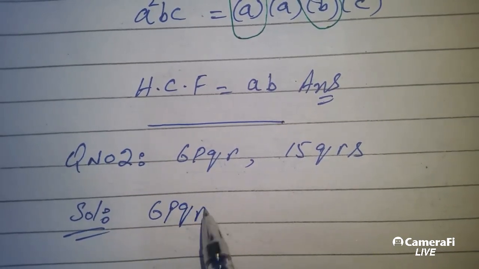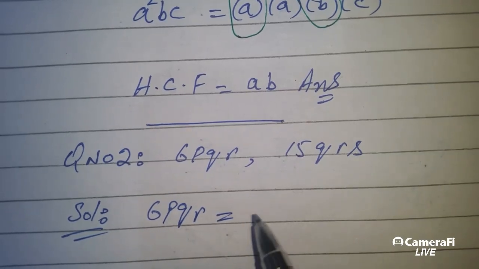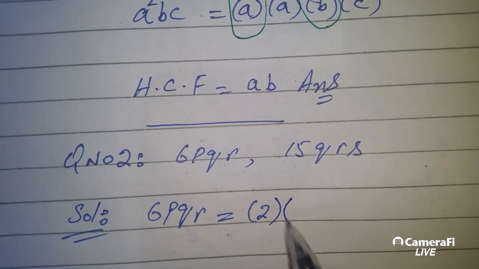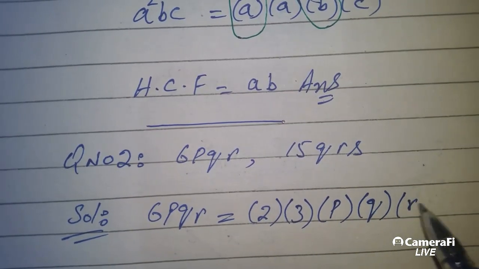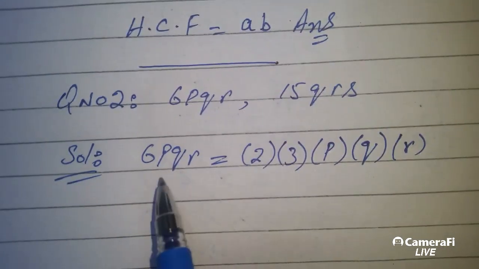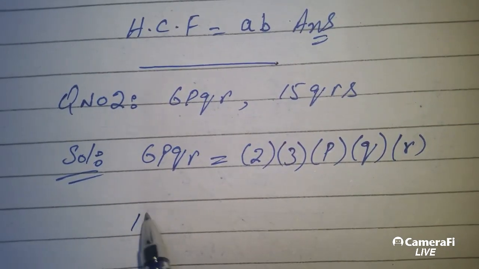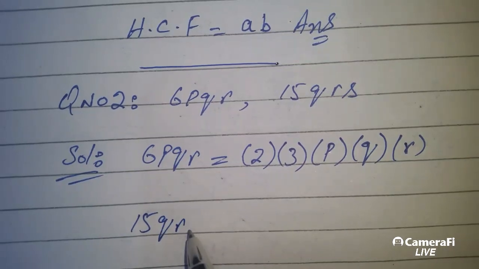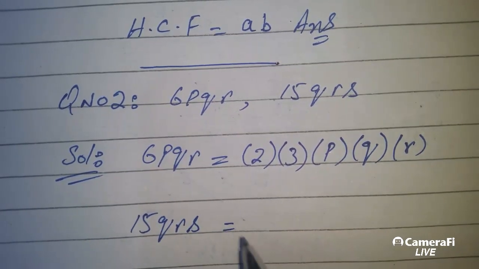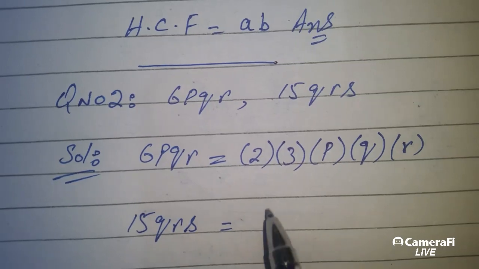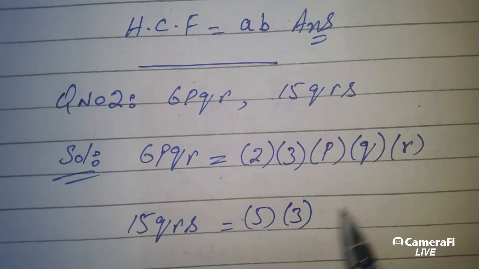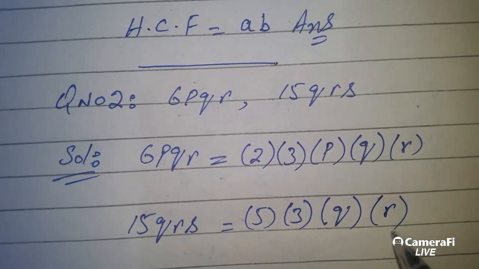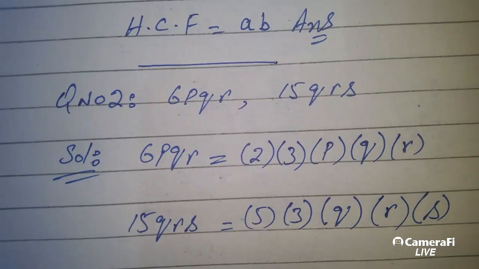The factors of 6PQR are 2 3s are 6, and then P, Q, R. Similarly, 15QRS: 3 5s are 15, then we have Q, then we have R, then we have S.